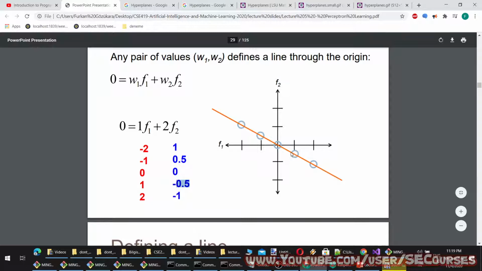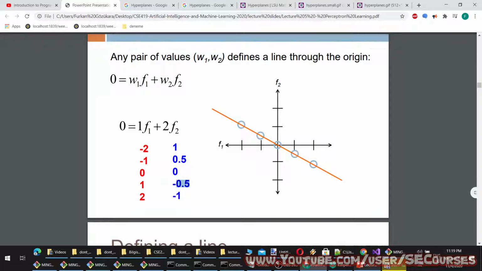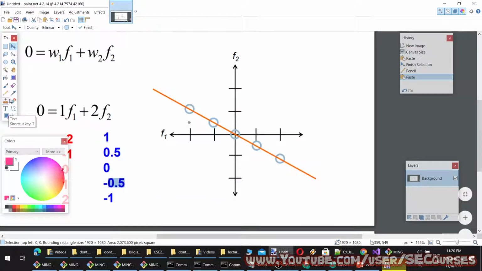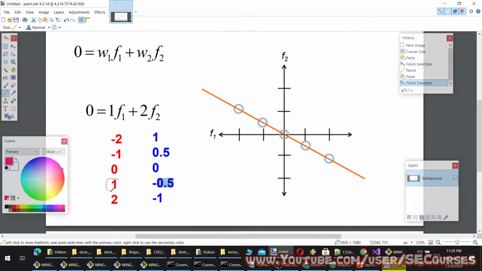Let me show it with a drawing. When F1 is 1, it would be 1 here. So we need minus 1 here, and since W2 is 2, this has to be minus 0.5. So F1 is 1, and here F2 is this one.